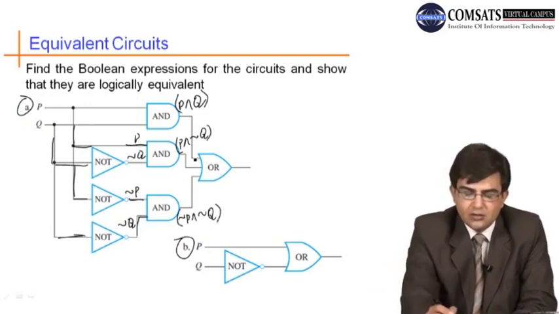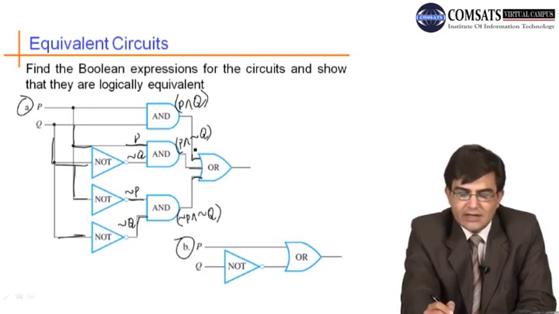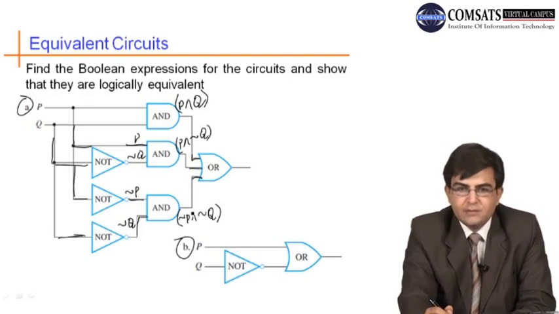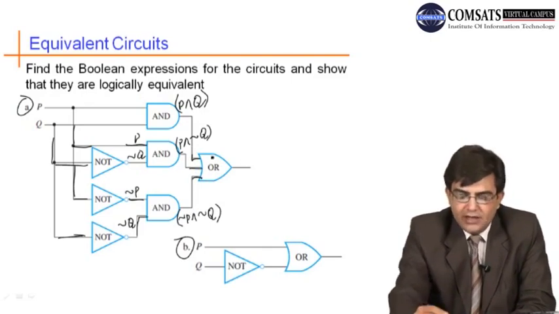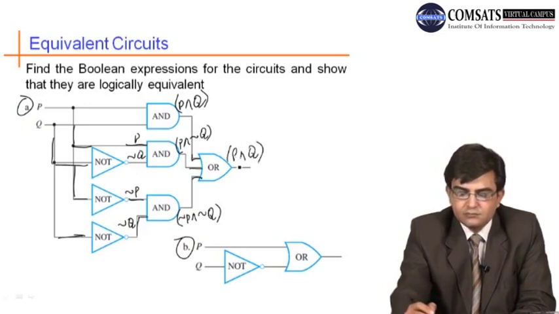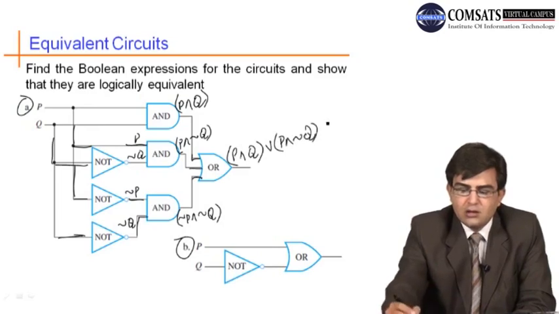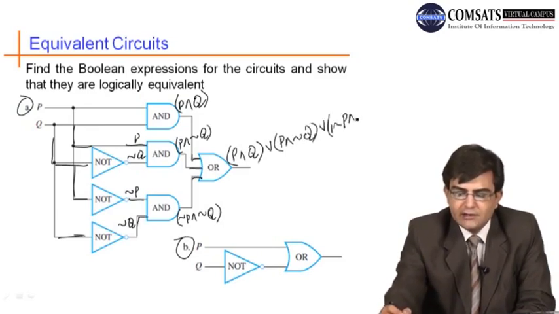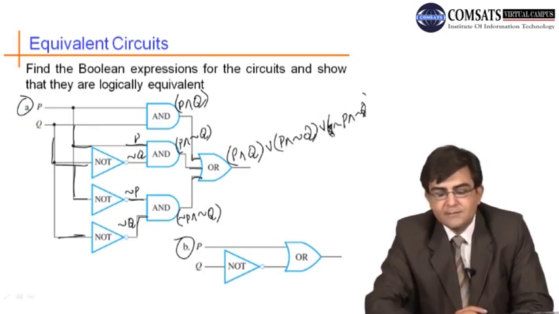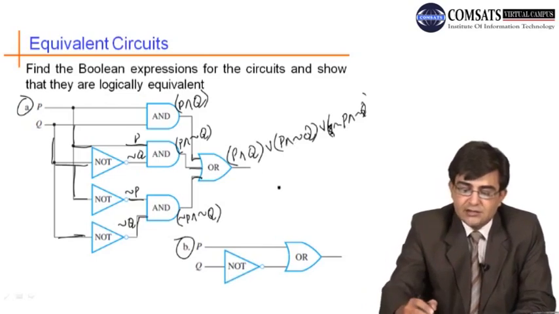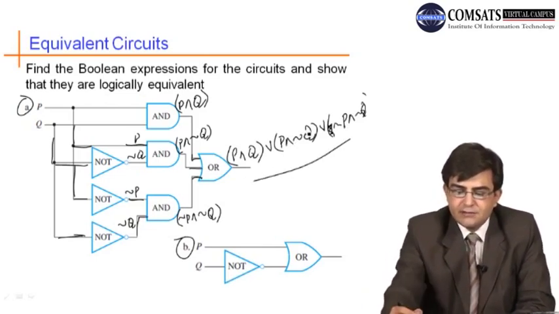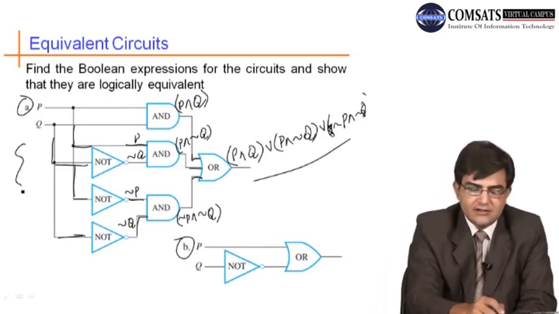Here we have an OR gate, whose inputs are this, this and this: P and Q, P and not Q, and not P and not Q. Therefore we can write P and Q, or P and not Q, or not P and not Q. This is the Boolean expression which corresponds to this circuit.